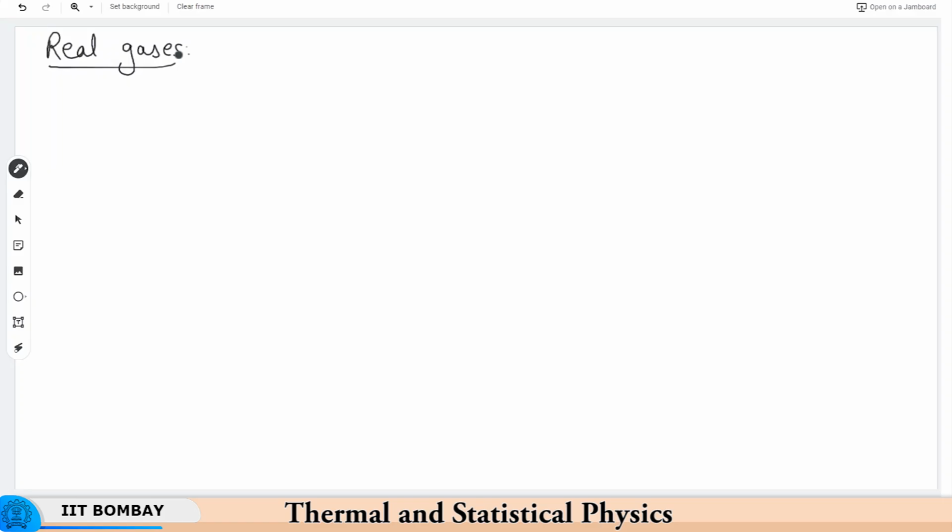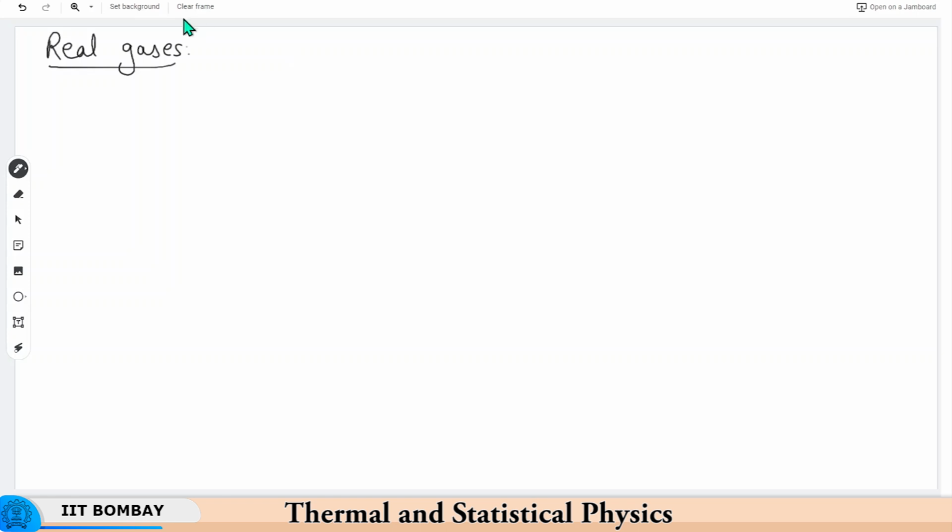Again, we are going to make a few assumptions here, all right? So basically we will see the two important assumptions that we started with in kinetic theory, which are not really true in real gases, right?